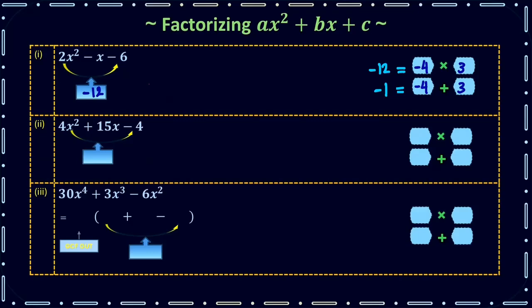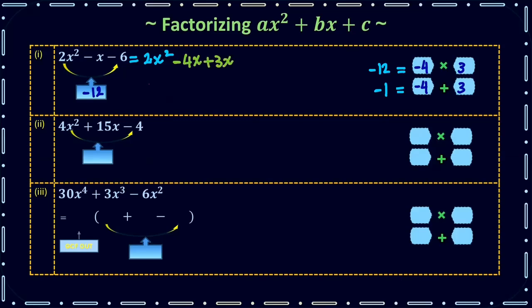What we're going to do is rewrite this polynomial, leaving the leading term alone. However, we are going to rewrite the middle term using negative 4 and 3. Negative x can be thought of as negative 4x plus 3x.